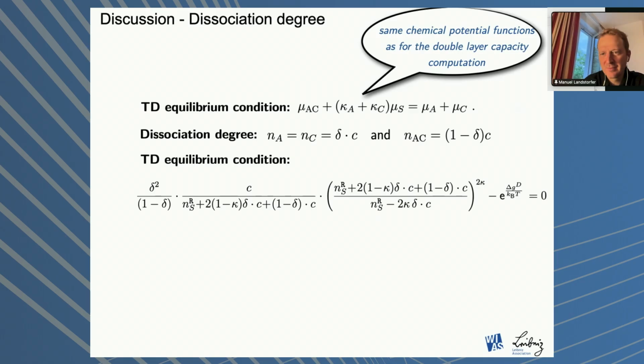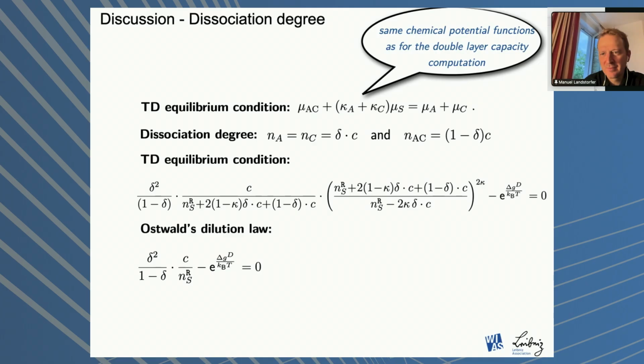This is quite well known from acids. The dissociation degree delta tells you how much of the salt is dissociated into anions Na and cations Nc, and how much remains as ion pair NaC. And the thermodynamic equilibrium condition gives you this equation here. The common equation to ask this question about the dissociation degree is called Ostwald's dilution law.